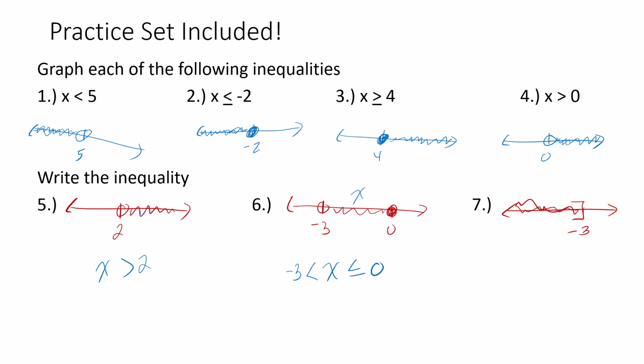And you would read that -3 is less than x is less than or equal to 0. You could also do that with this. X is greater than -3, and also x is less than or equal to 0. So you can do that with the word and also.